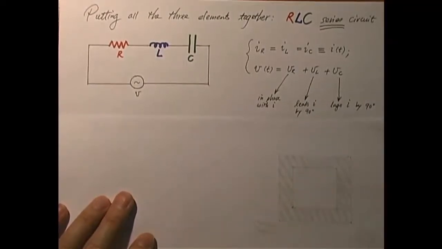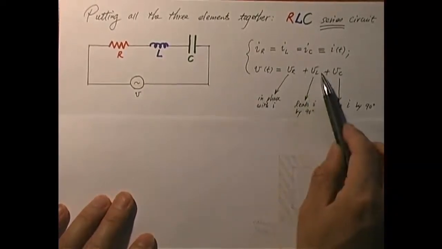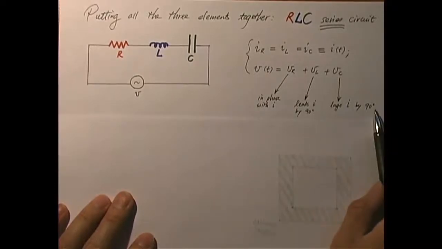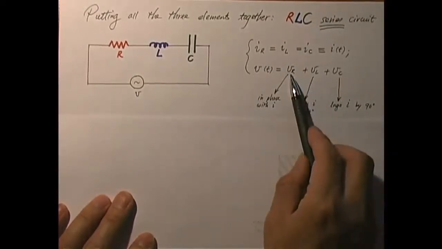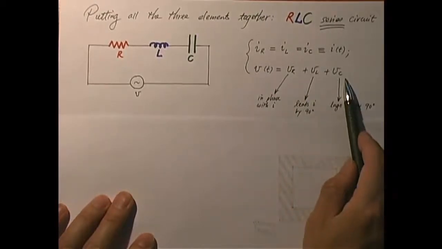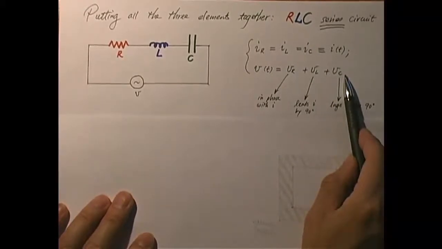So if I use V_R as a reference, then V_L will lead by 90 degrees. What about V_C? V_C lags the current by 90 degrees. So using V_R as a reference, V_L is ahead by 90 degrees, and V_C is behind by 90 degrees.